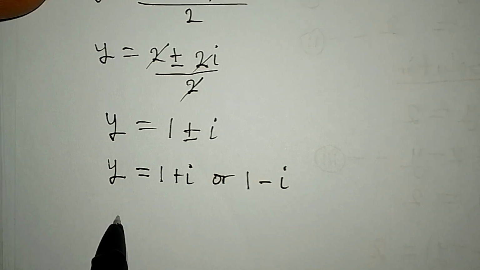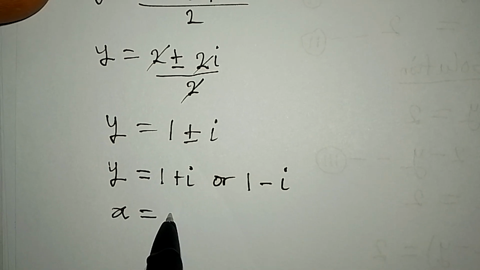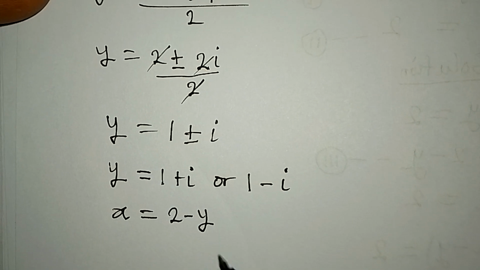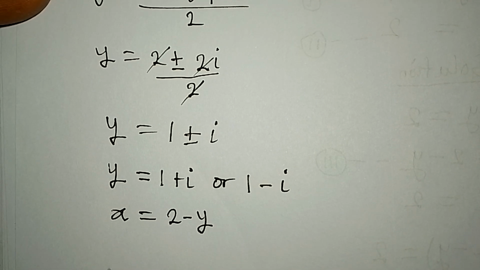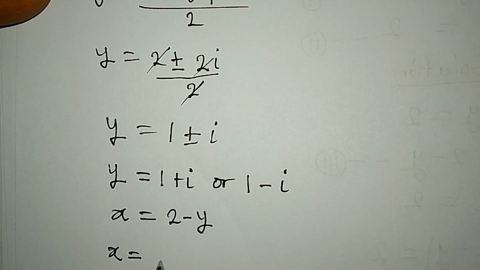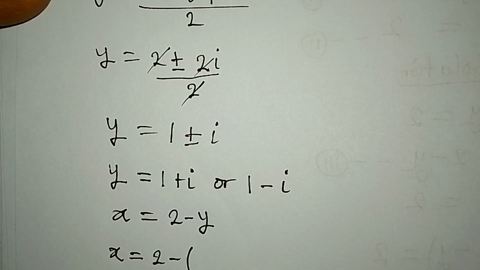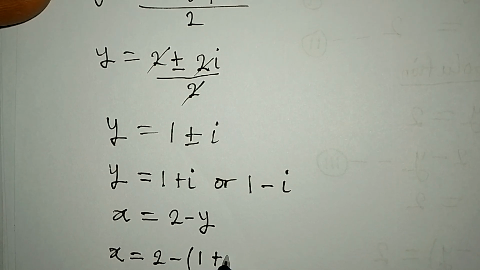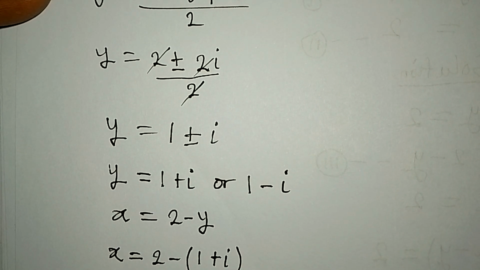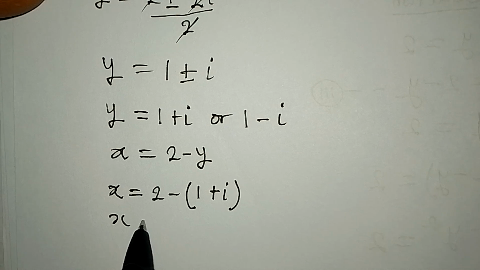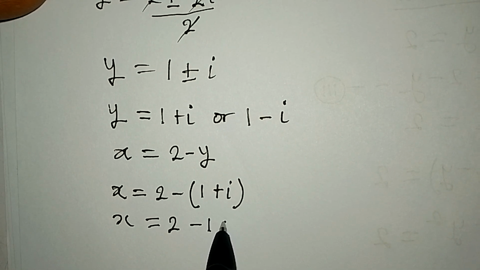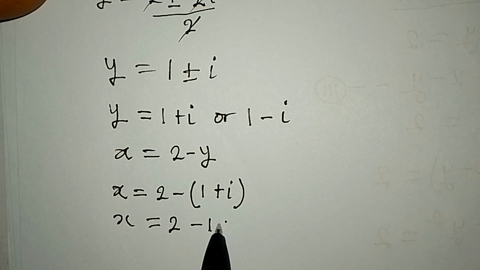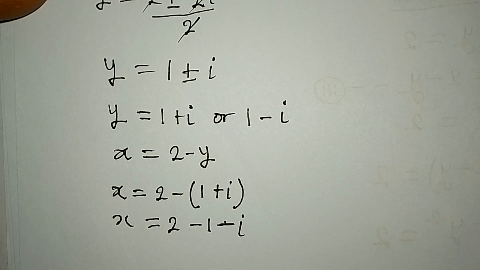From our equation 3, we have that x is equal to 2 minus y. So I'll work with this value of y and I'll work with this as well. So x is equal to 2 minus open bracket, in place of y, I write 1 plus i. Now x is equal to 2 minus 1, and this will affect the i and turn it to negative i.